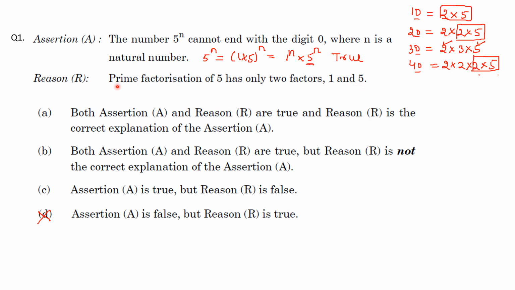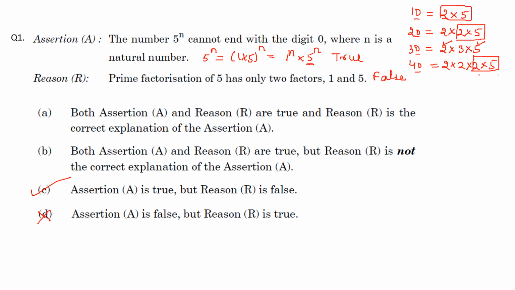It is true. But it is given prime factorization. So if it is prime factorization, then 1 is not a prime number, isn't it? So this reason, this statement itself, is false. So from here we can see C is the correct option. Assertion is true and reason is false.